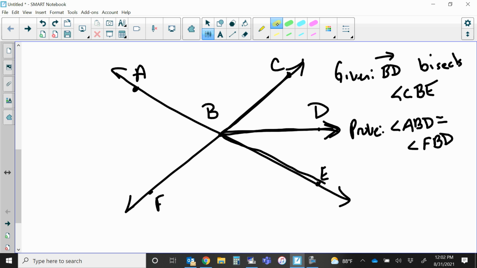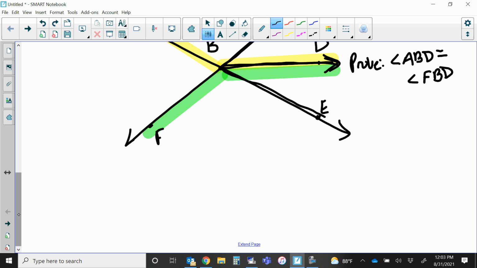What they want us to prove is that angle ABD, does everybody see that angle, is congruent to this angle down here. Does that make sense? All right, first, if we're starting a proof, it's called a two-column proof.